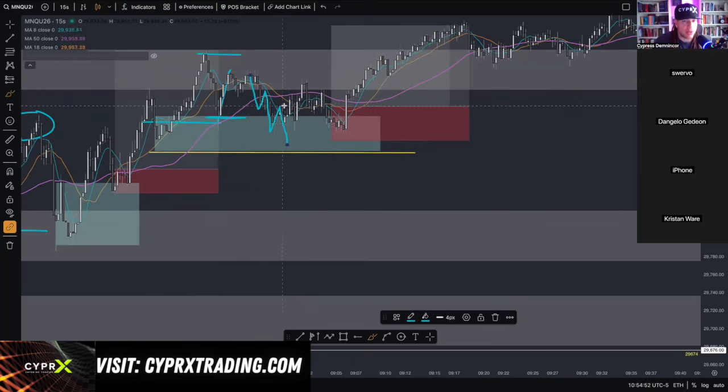I want to see buyers engulf these two previous lower highs and break above the 50 EMA, showing me that buyers are still in control and are defending this base. So sure enough, with the next bullish reaction, we got the confluences, a break of two previous bearish structures after having a bullish reaction from a previous base that took out the 50 EMA, which then gave me that confirmation to say, okay, great.